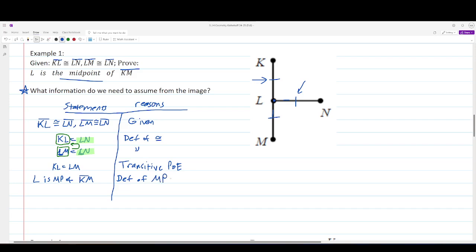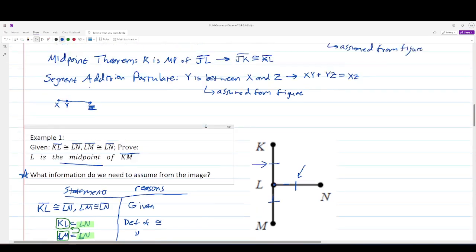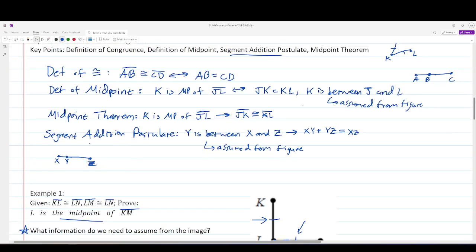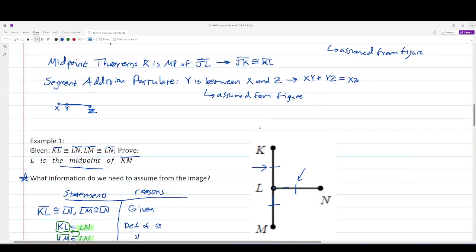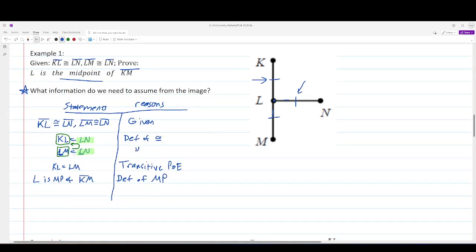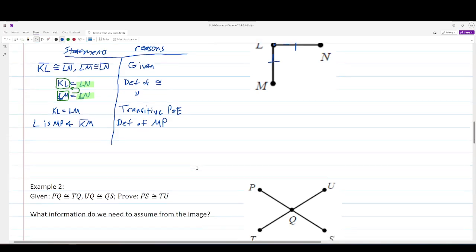So we're using it in reverse, and remember in our notes we said that to use definition of midpoint in reverse, there are two required things. The segments are equal, and the shared point is in between the other two points. So we are getting that missing piece that doesn't show up in the proof as an assumption from the drawing. All right, so that's example 1.